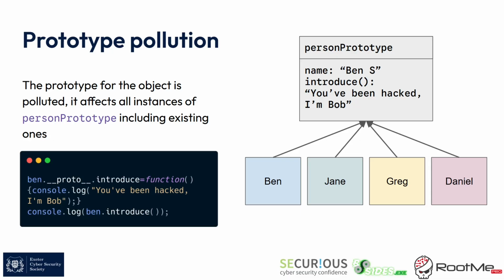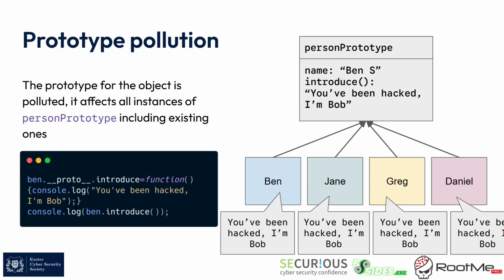What will happen is if I change the introduce function using the __proto__ property, when I look at all of these people objects, they will all say "you've been hacked, I'm Bob". So even though the attacker used the Ben object to change the introduce function in the prototype, it will affect every instance of objects that use the person prototype.